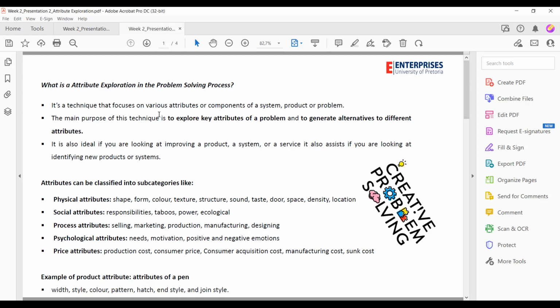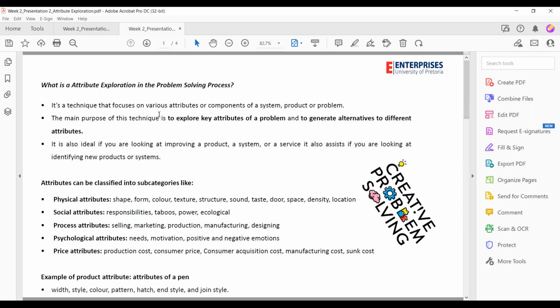Social attributes: responsibilities, taboos, power, ecological. Process attributes: selling, marketing, production, manufacturing, designing. Psychological attributes: needs, motivation, positive and negative emotions. And then price attributes: production costs, consumer prices, consumer acquisition costs, manufacturing cost, sunk costs.